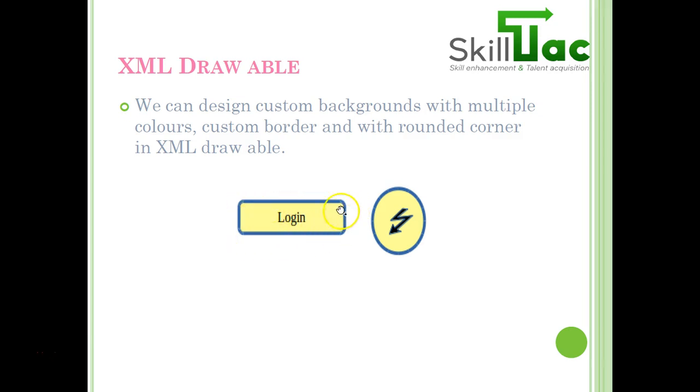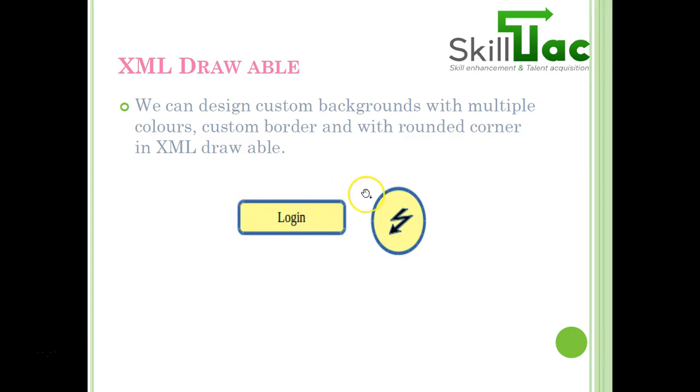So this is done through the XML drawable. And in our second example here we have an icon which is kept inside a circular view, which has a border also in a circle only.